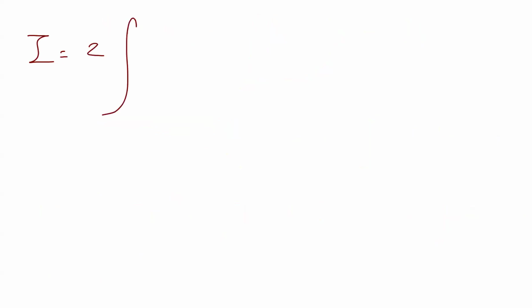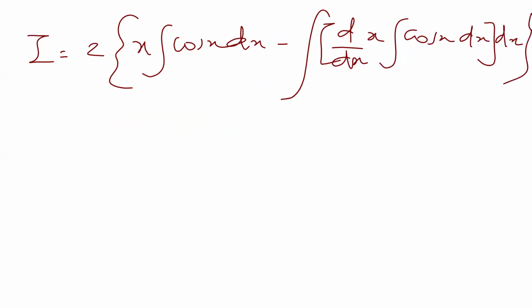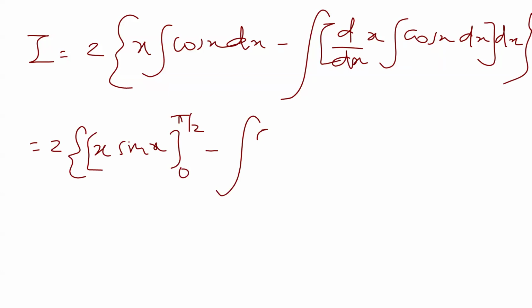Okay. So I equals 2 times x integration of cos x dx, minus the integration of d by dx of x times the integration of cos x dx, dx, curly bracket close. X sin x. Now we can just put the box bracket, pi by 2 and 0, minus the integration of 1 into sin x dx.